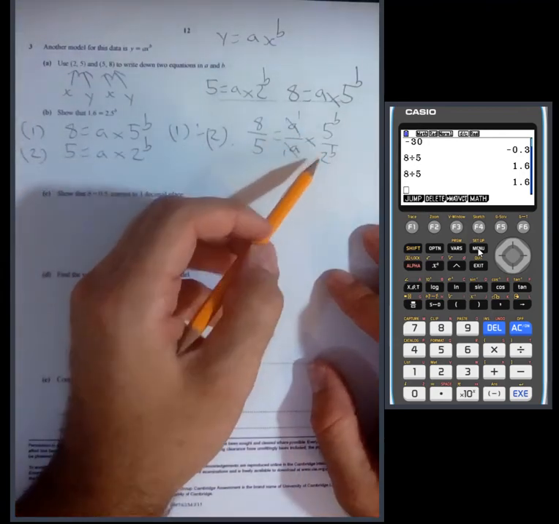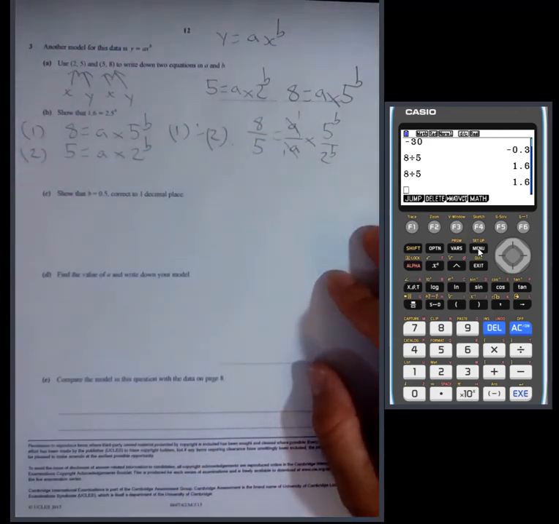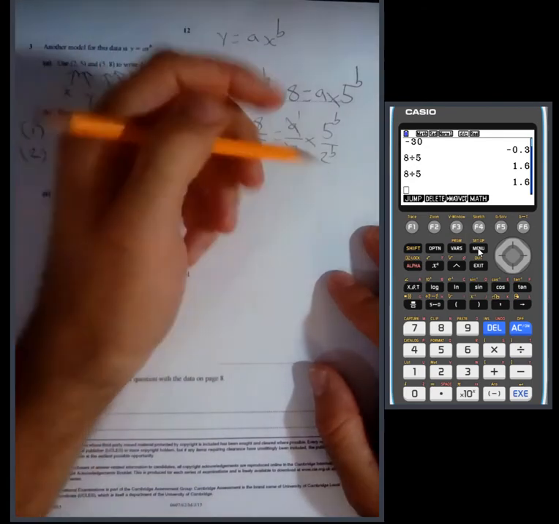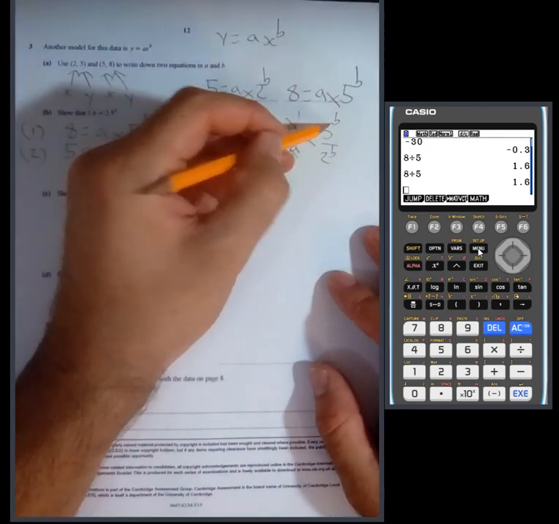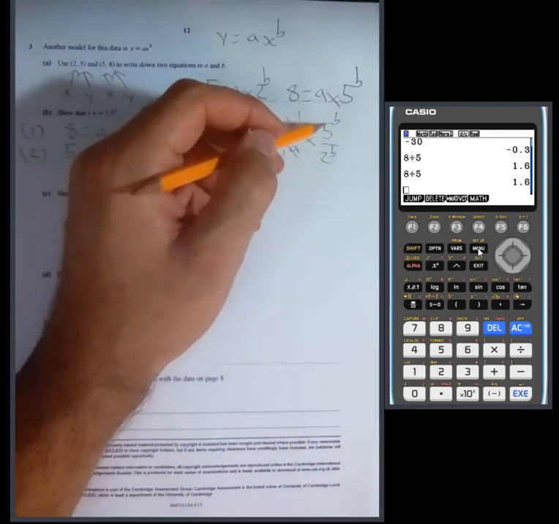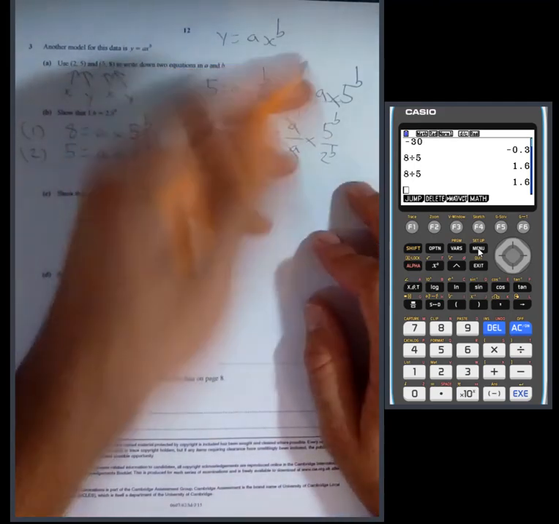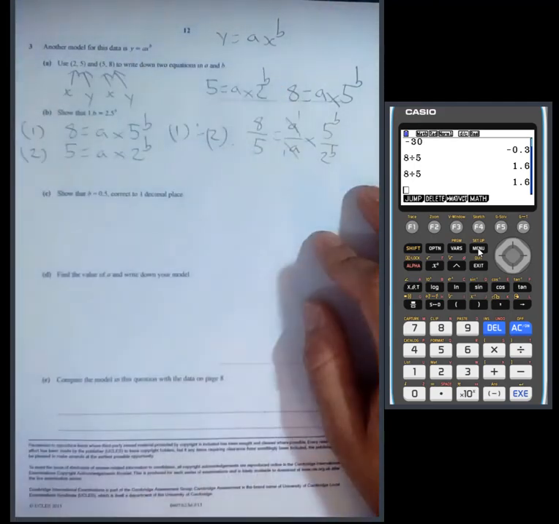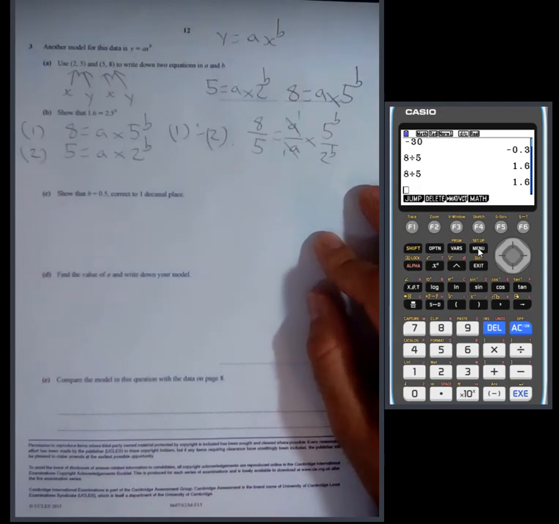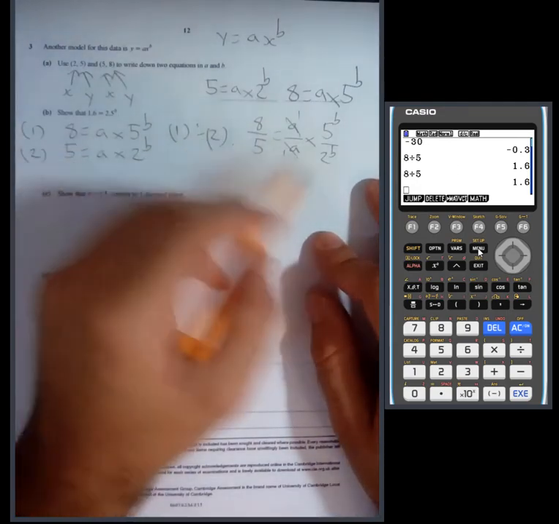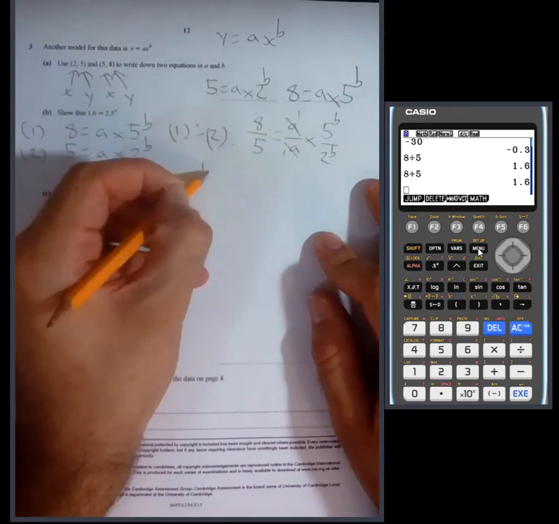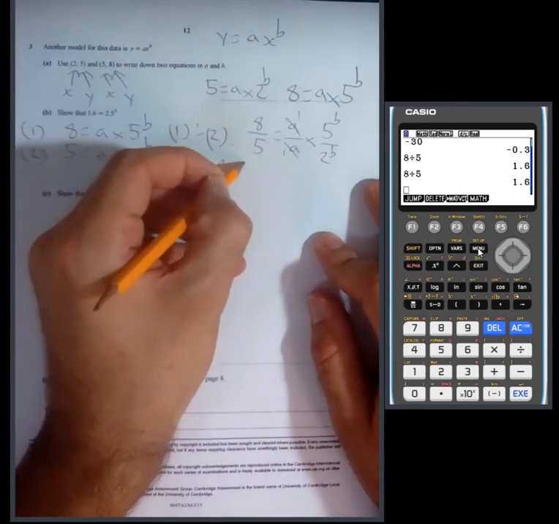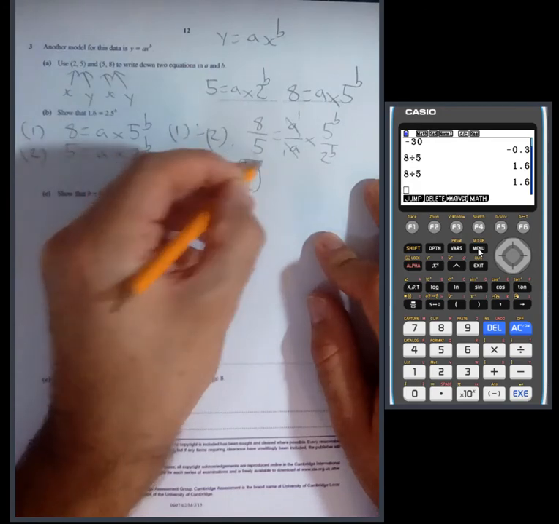Now, 5 to the b over 2 to the b is the same as, if you think of your index laws, 5 over 2 to the power b. Once you're raising both top and bottom of a fraction by the same power, then you can do that. So 8 over 5, 1.6 equals 5 over 2 to the power b.